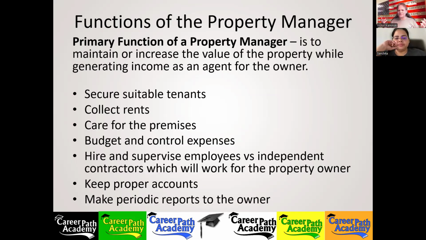It's all about the money, right? So sure, their job is to do things like secure suitable tenants, collect rents, care for the premises, budget and control expenses, hire and supervise employees versus independent contractors to do work for the property owner, keep proper accounts, and make periodic reports back to the owner.